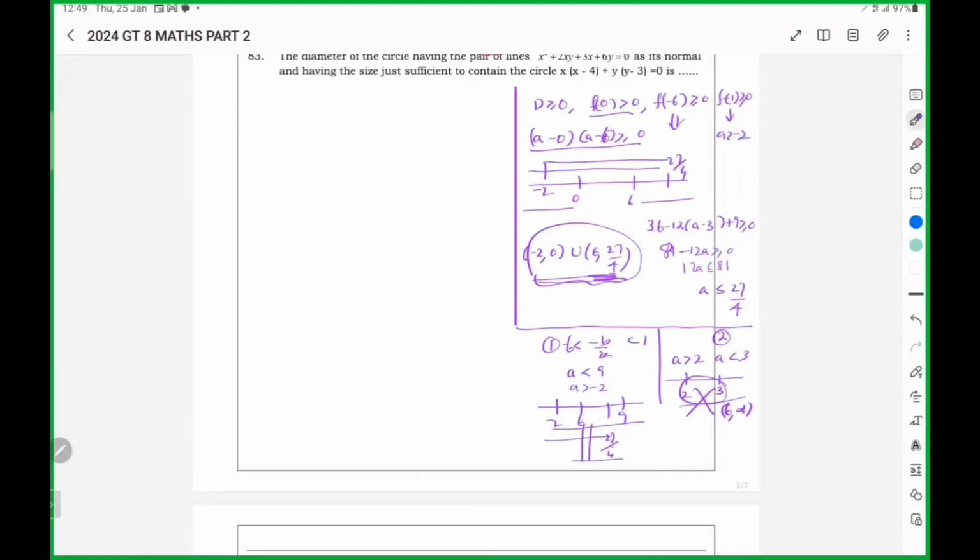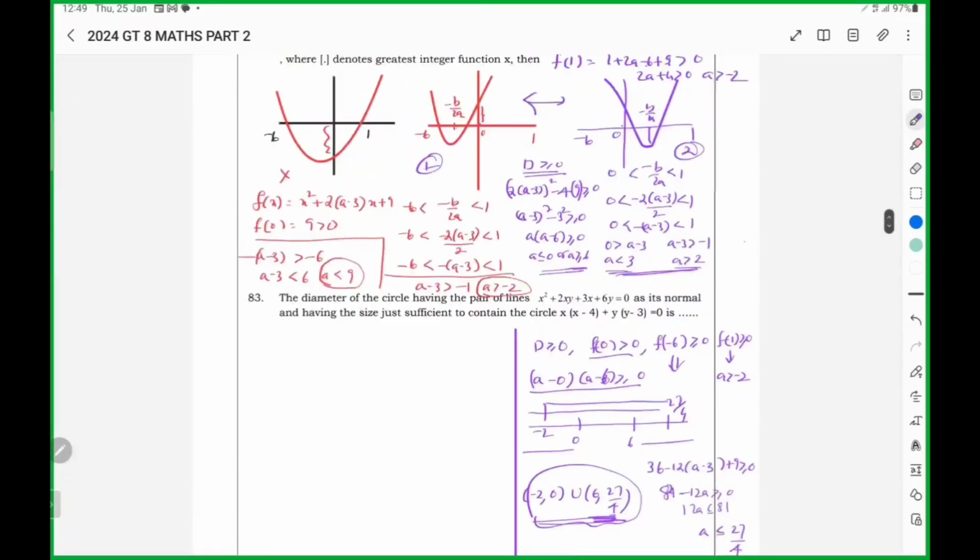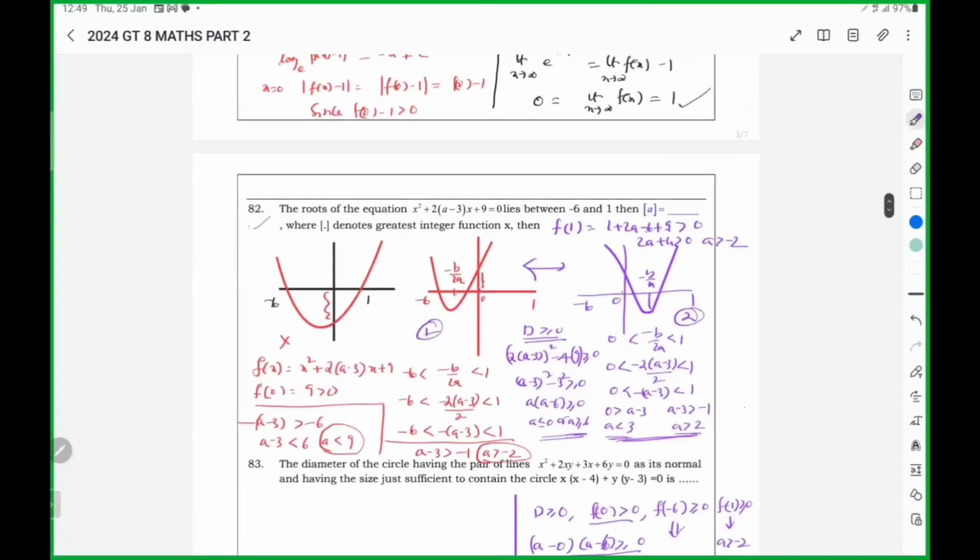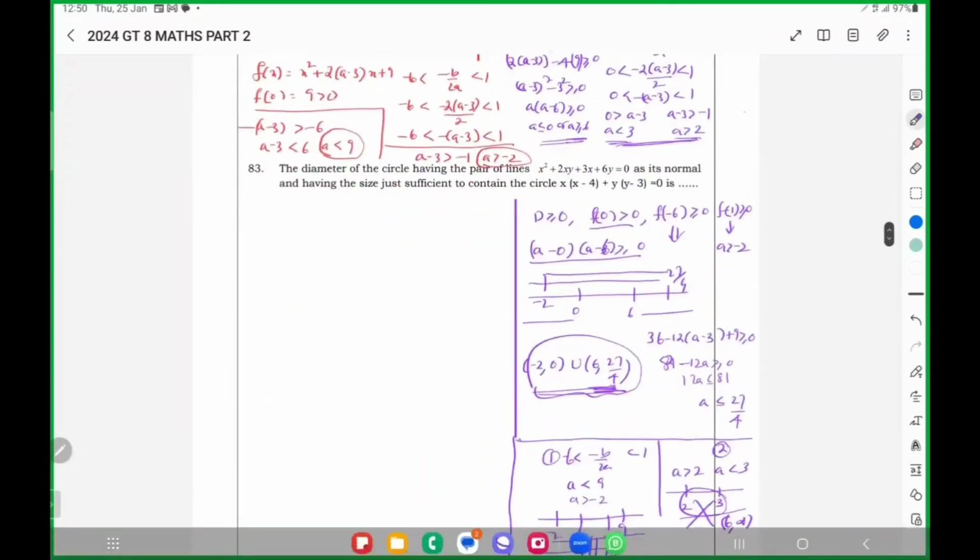That means the common part is a must lie between 6 and 27 by 4, which implies the integer value of a is 6. This is the only possibility for this equation, right?